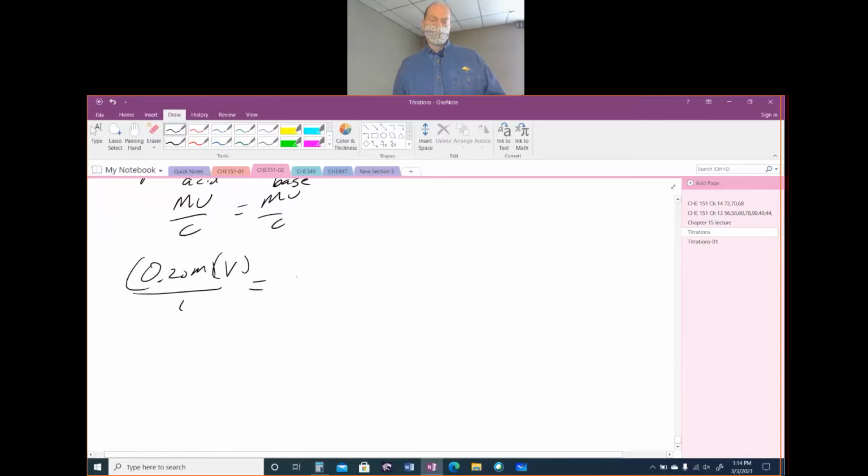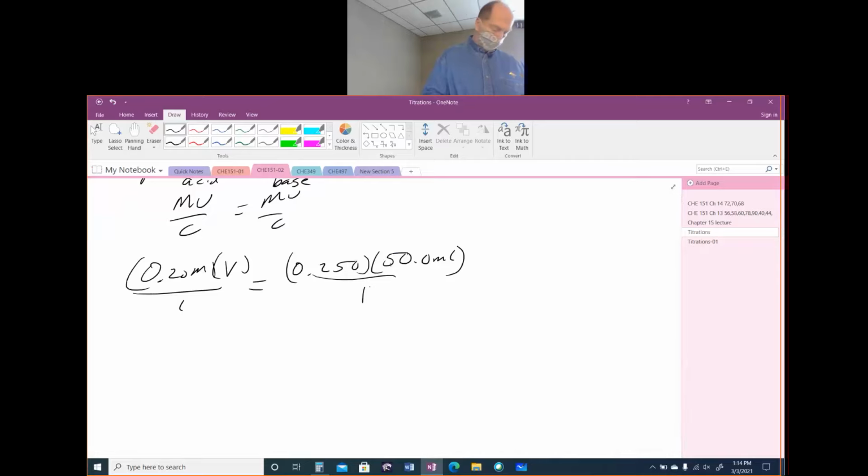That's what we're trying to find out. Your base, 0.250. The volume of the base, 50 mils. And so you take your 0.25 times your 50 divided by your 0.2, and you get 62.5. So the volume of your HBr required to reach the equivalence point is 62.5 milliliters.